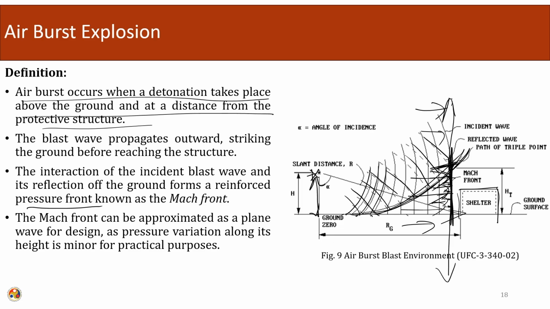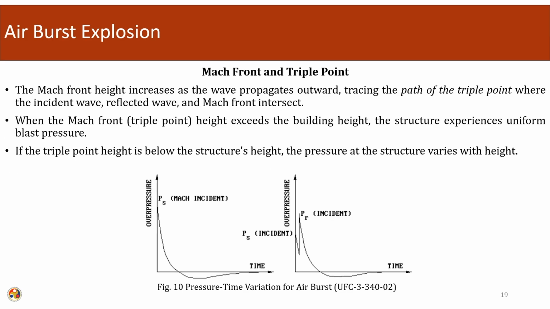This is different from the free air burst. Due to the reflections from the ground, there is an interaction, and this path is known as the triple point, and a planar wave is formed which hits the structure. So, Mach front and the triple point.